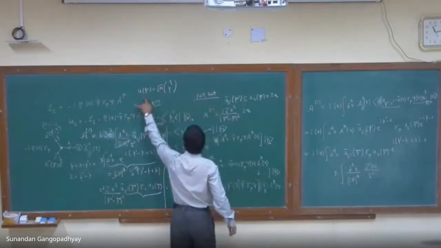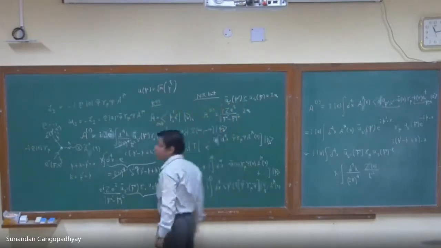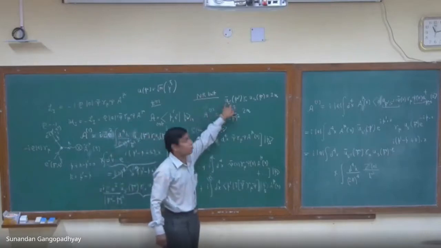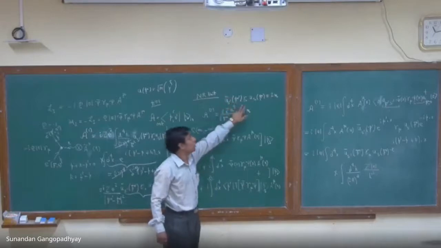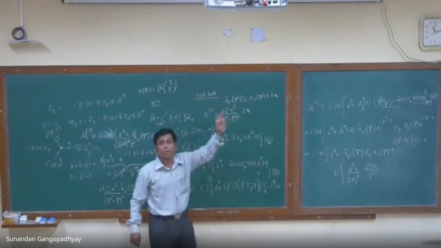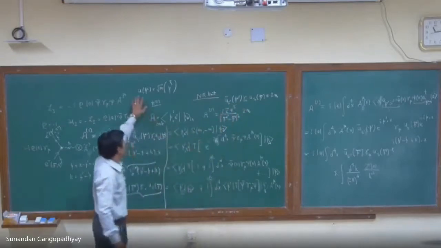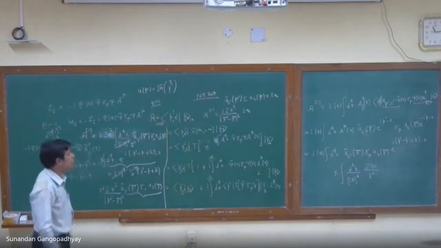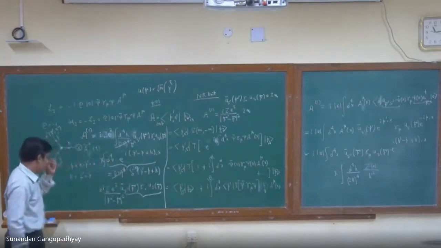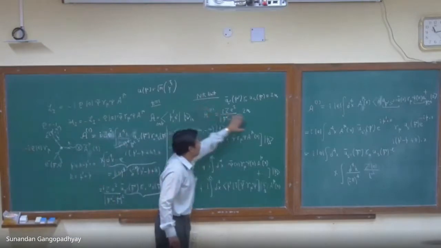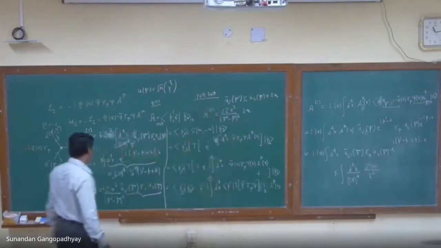Since u(p) is this, you know what u bar is. u bar is u dagger gamma zero, the Dirac adjoint. Gamma zero square is identity. So this full thing is nothing but u dagger u. And u is this. So you just take the dagger and compute u dagger u, you will get twice of it. So this gives you a factor of 2m over here. Therefore the amplitude A1 becomes this.